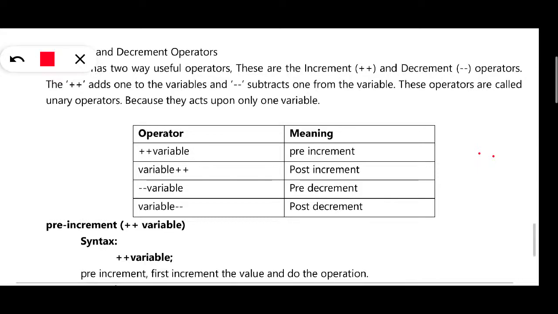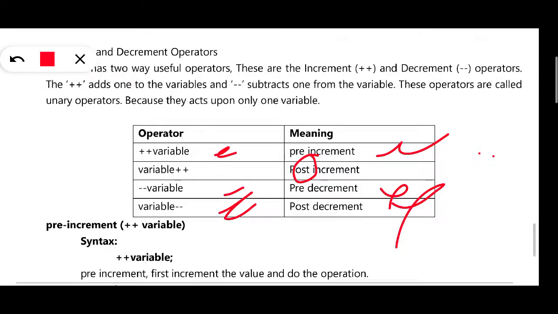The operators here: plus plus variable is pre increment, variable plus plus is post increment, minus minus variable is pre decrement, variable minus minus is post decrement.